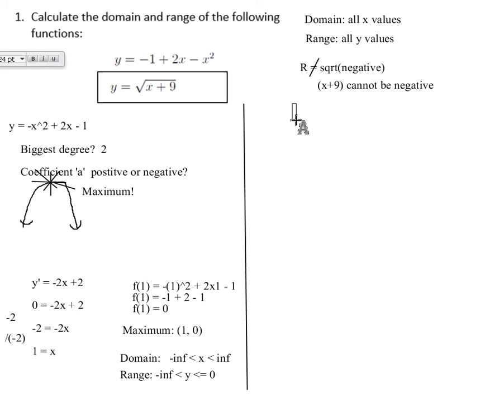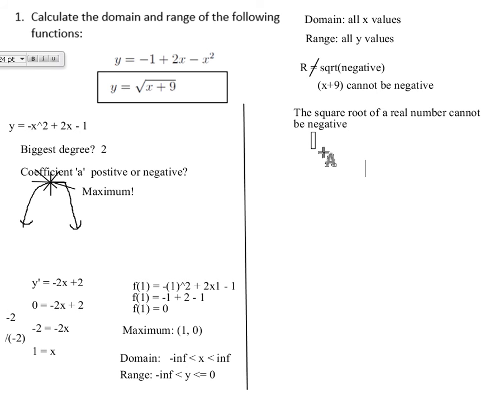And also, I don't know how to write this mathematically, so I'm just going to write it in text. The square of a real number cannot be negative. Okay?